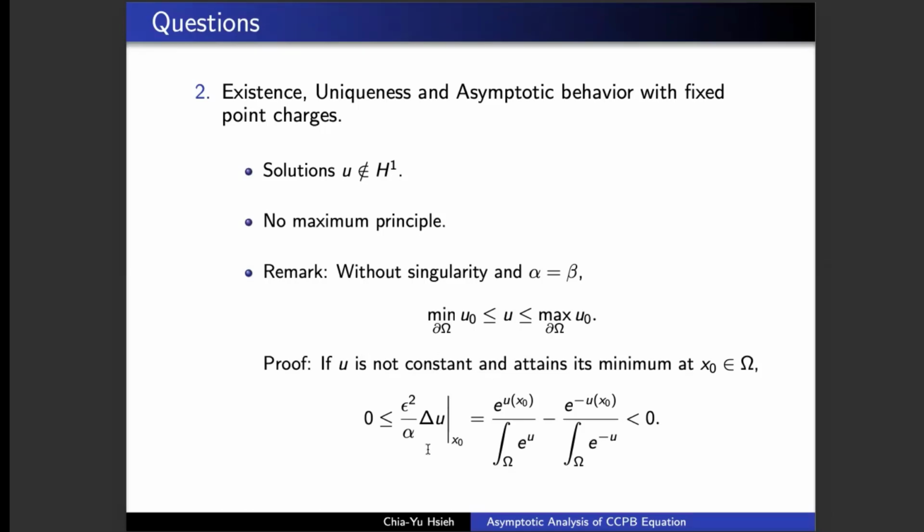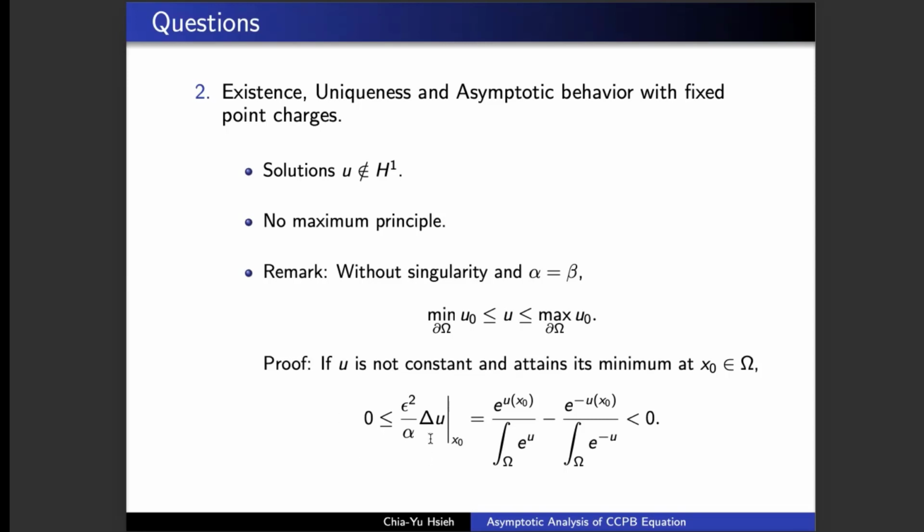Okay, the proof is simple. For example, suppose u is not constant and attains some minimum at an interior point x0. Then the Laplacian of u evaluated at x0 is non-negative.